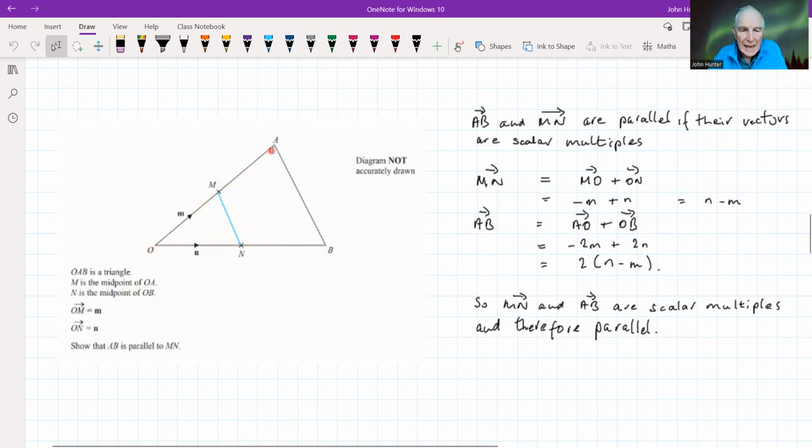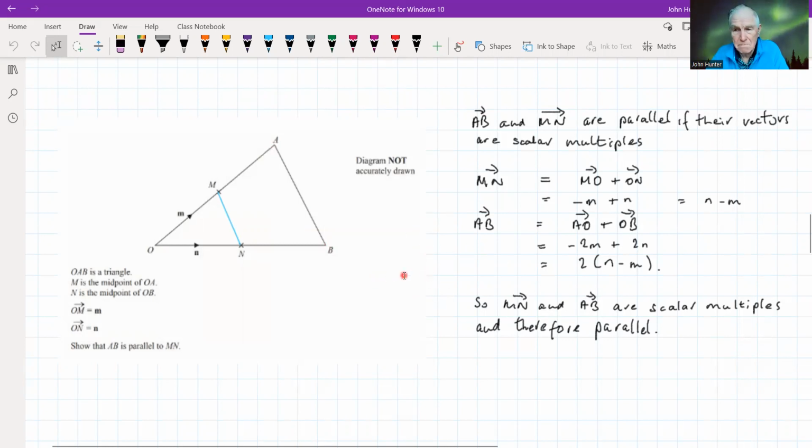So OA would be 2m and AO would be minus 2m. And then OB, with a similar argument here, this is another n from N to B. So OB in totality would be 2n. So that's going to give us, for AB, 2 into n minus m. So MN and AB are scalar multiples of each other, and therefore they are parallel. Very common form of question.